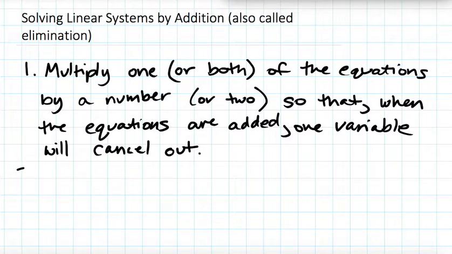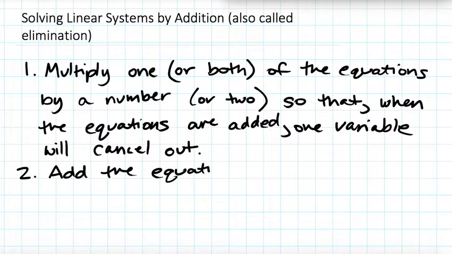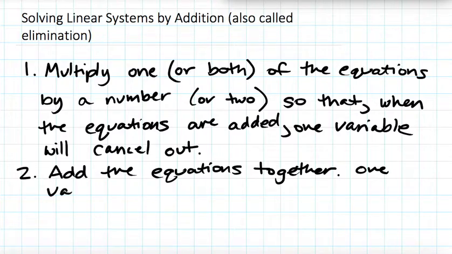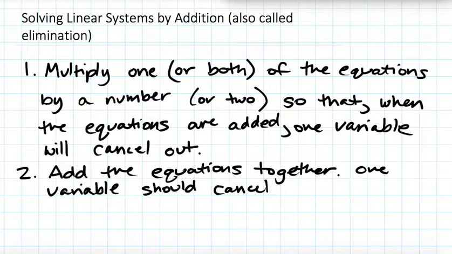So after we've multiplied, then we do actually add the equations together. And one variable should cancel out, because that was our plan in step one.